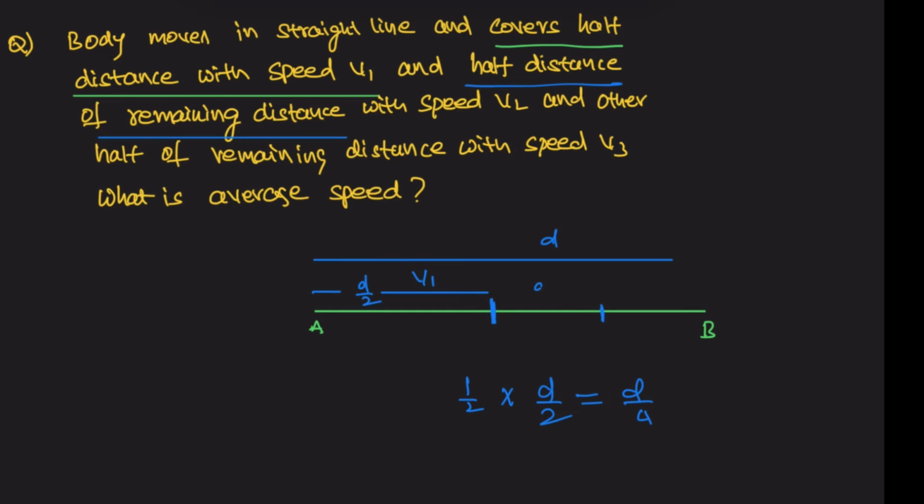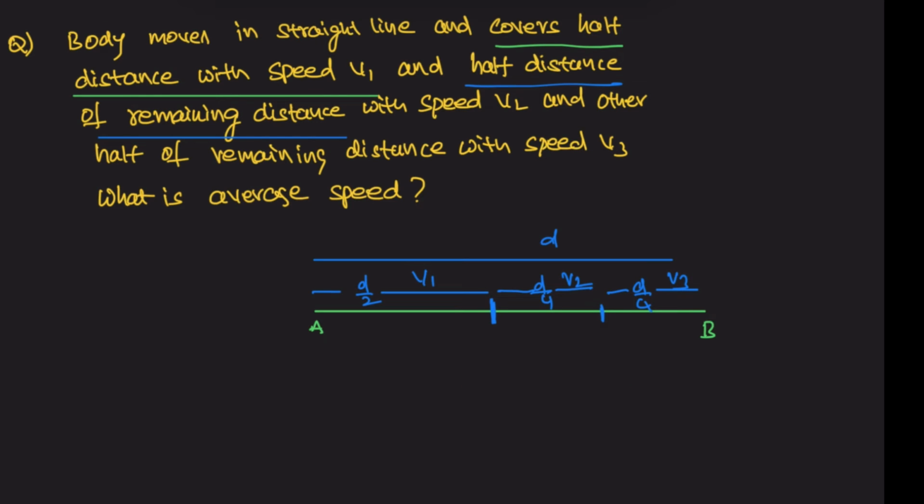This is D by 4, covered with speed V2. The remaining half is also D by 4, now covered with speed V3.